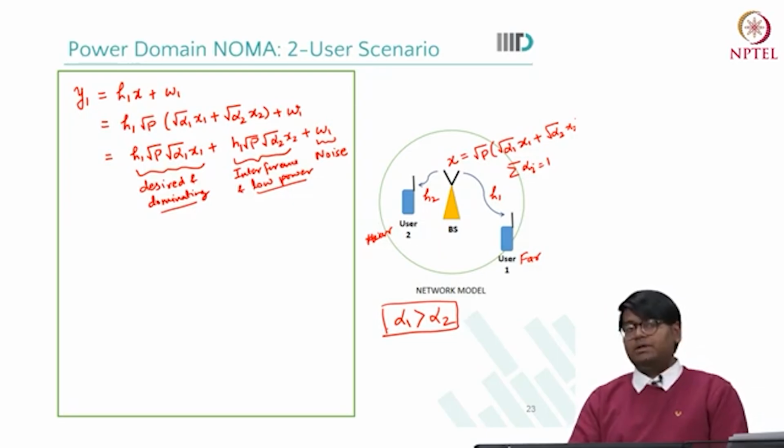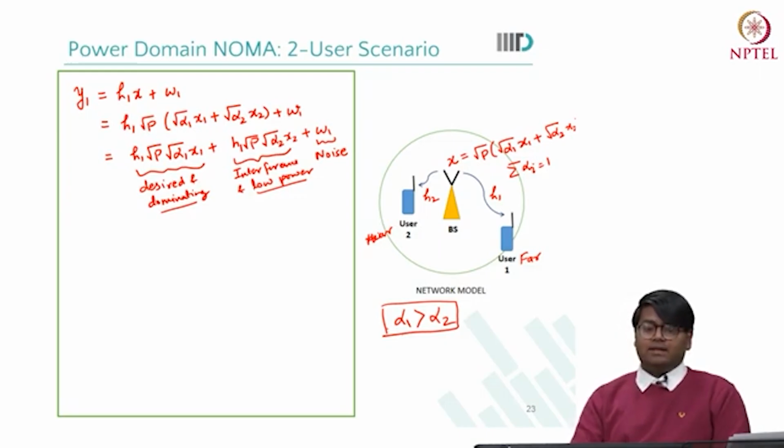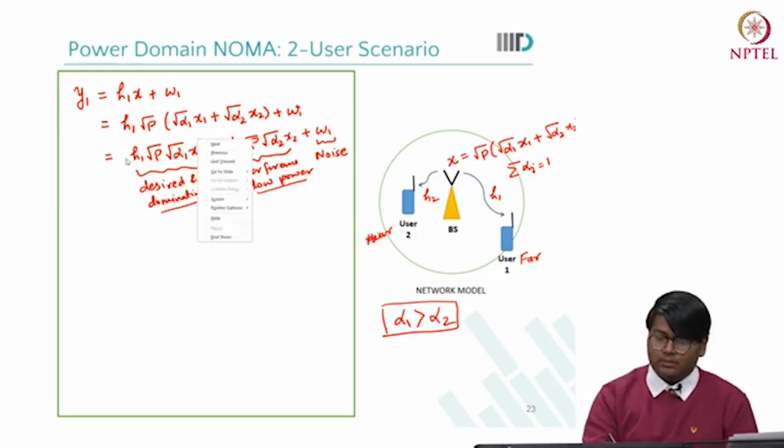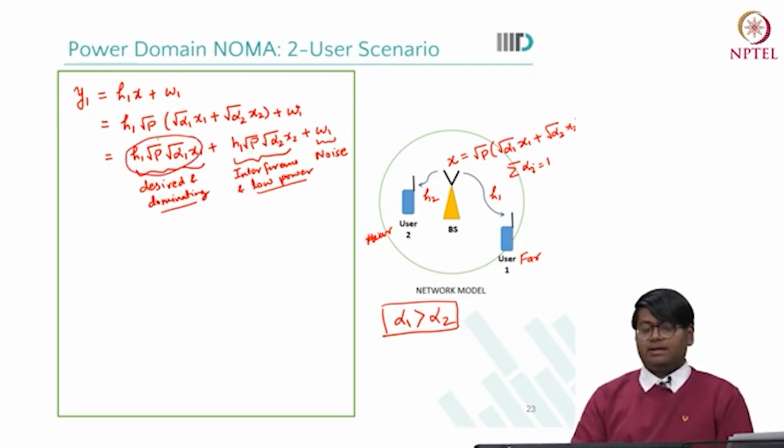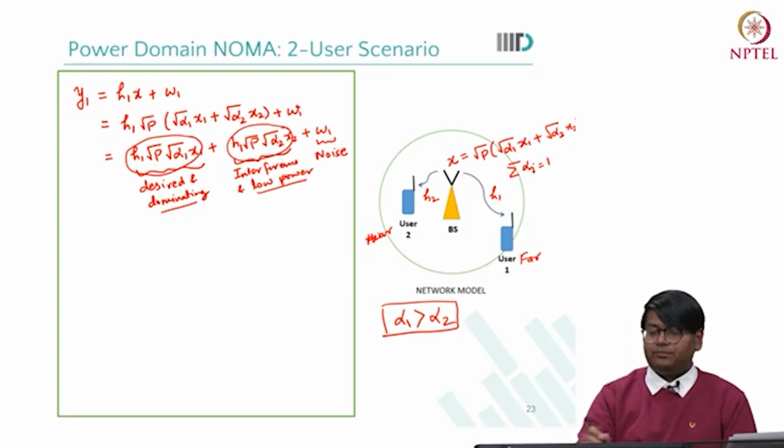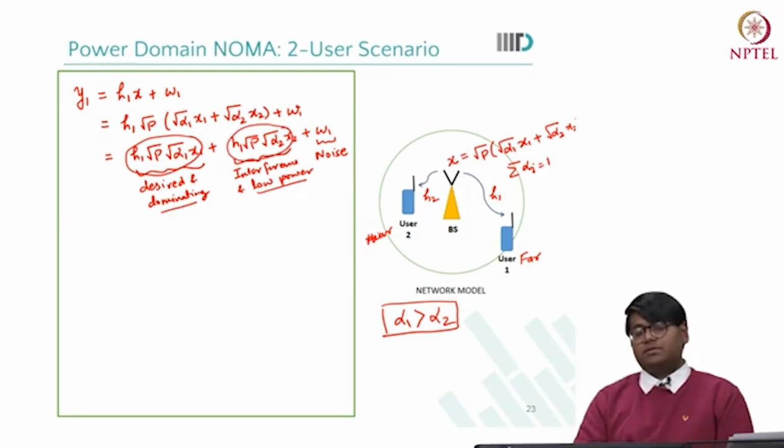That is, the power allocation factor associated with user 1 is greater than the power allocation factor associated with user 2. Provided this condition, we see that this component is more dominating, and the other term can be regarded as interference, and it also has a low power.